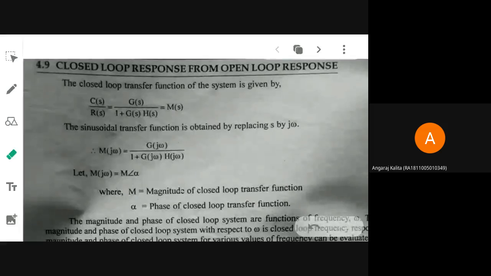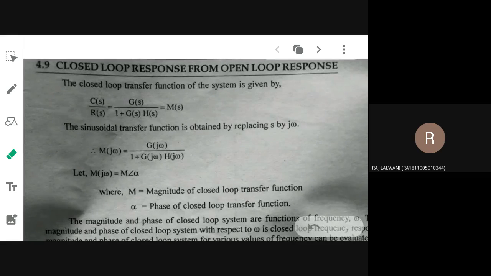Frequency domain plots, just a name. What are the names of the plots that you have learned so far in the frequency domain? You can't even remember a single name of a plot. Ma'am, polar or Nyquist? Polar plot or Nyquist plot.